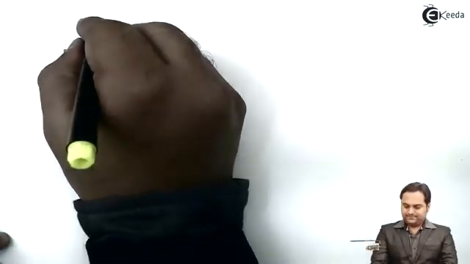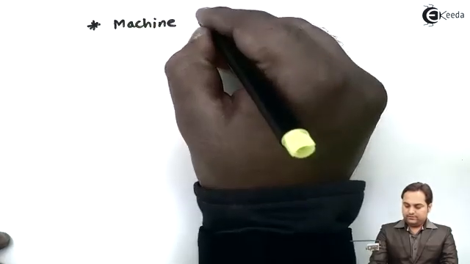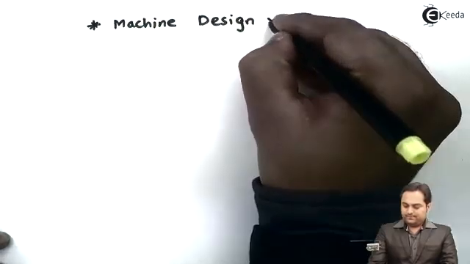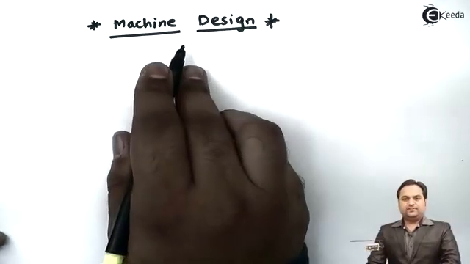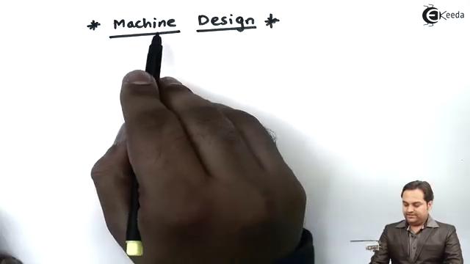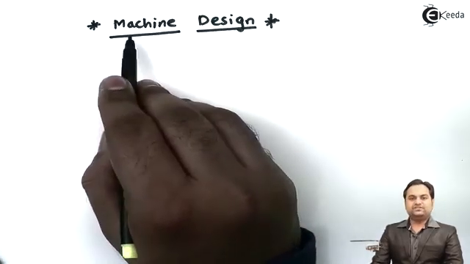Hello friends, in this video we are starting with a new subject, and the name of the subject is Machine Design. As the name suggests, it is related to designing. It is designing of machines.